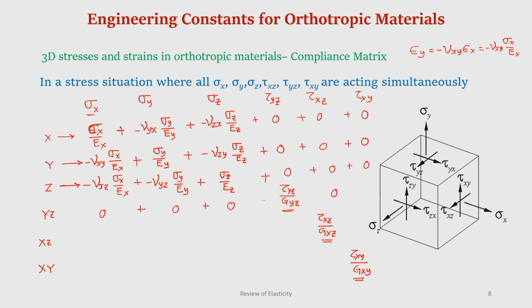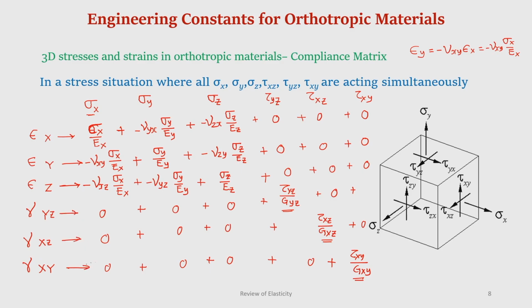Zero plus 0 plus 0, 0 plus 0 plus 0 plus 0 plus this plus 0, these are all 0. So, we can superpose, of course, because this is linear elasticity. Therefore, we can superpose the effect of all the individual stresses to find out the total strain. So, we get the strains: epsilon x, epsilon y, epsilon z, gamma y z, gamma x z, gamma x y.